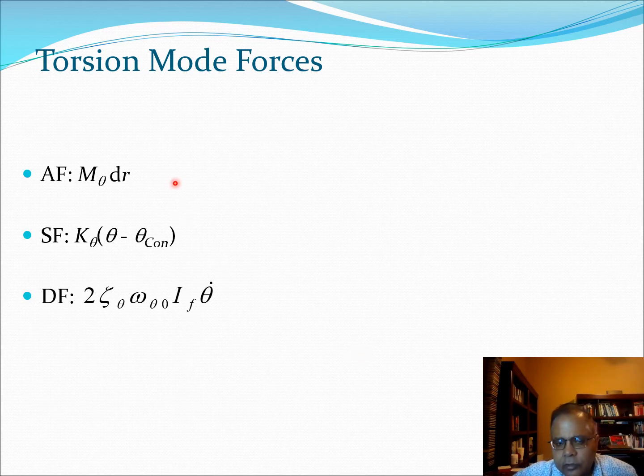Further continue on the torsion mode forces. The AF is there because of the aerodynamic forces which are acting in the pitch direction. There is a spring force here, and there is a drag force. The drag force here is directly proportional to theta dot, and we introduce a zeta subscript theta here to capture the damping.